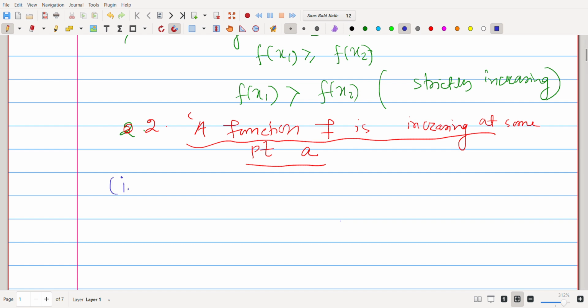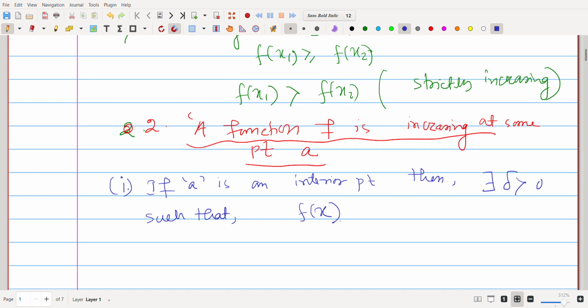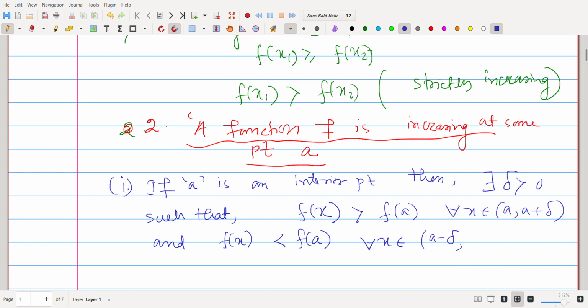number one, if a is an interior point, then there exists a delta greater than 0 such that f of x greater than f of a for all x belongs to a comma a plus delta, and f of x less than f of a for all x belongs to a minus delta comma a.